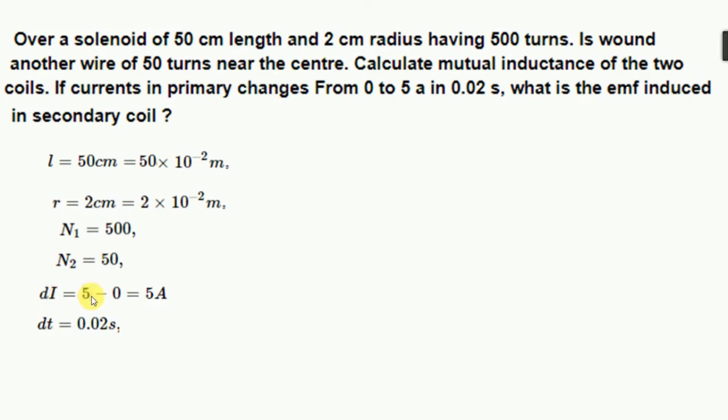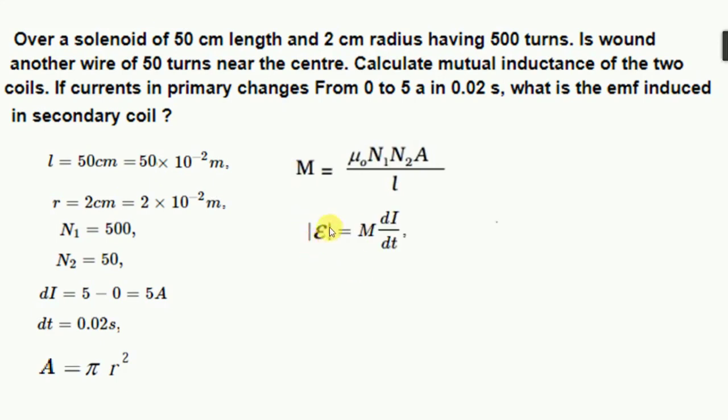Change in current is 5 ampere to 0 ampere, time is 0.02 seconds, and area is pi r squared. Now mutual inductance between two coils is given by mu naught N1 N2 A by L. Area we already have, number of turns and length are also given, so you can easily calculate M. From there you can find the induced EMF using this formula.